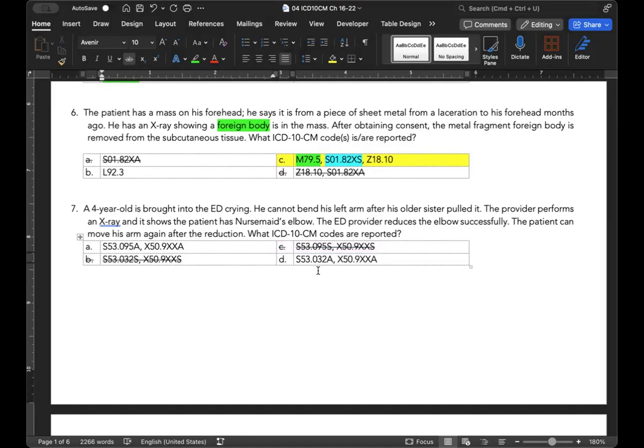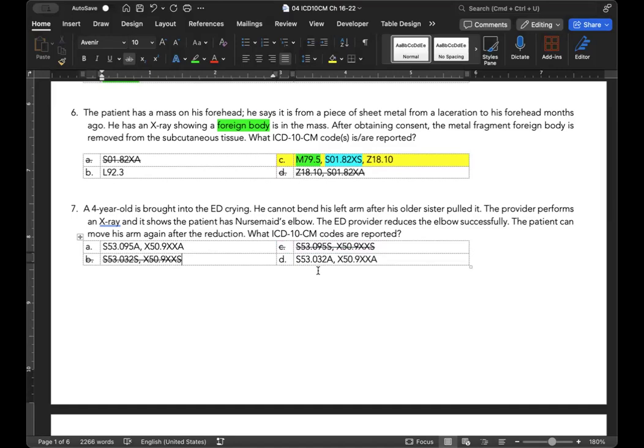So let's go look at S53.095. S53.095 is an other dislocation of your left radial head.